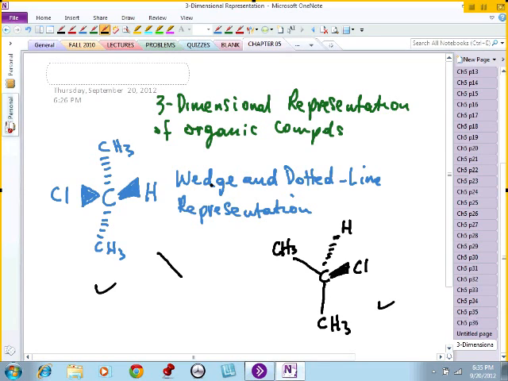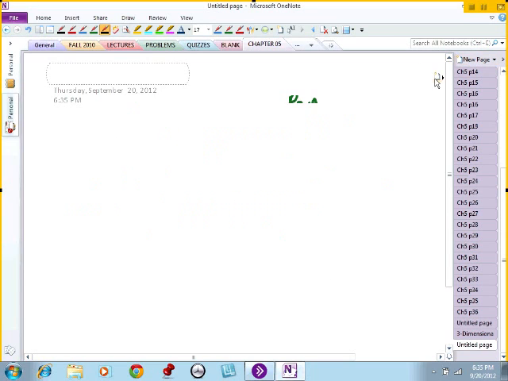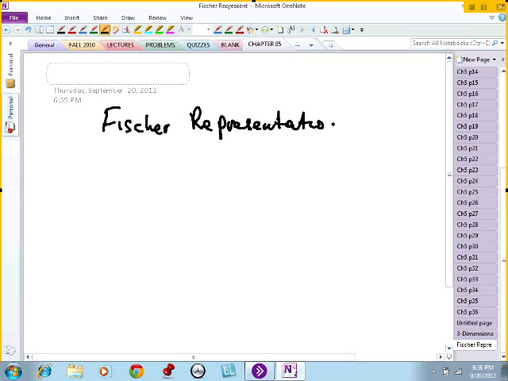Now, another convention that we use to represent stereochemistry in organic chemistry is what we call the Fischer representation. This is very important.